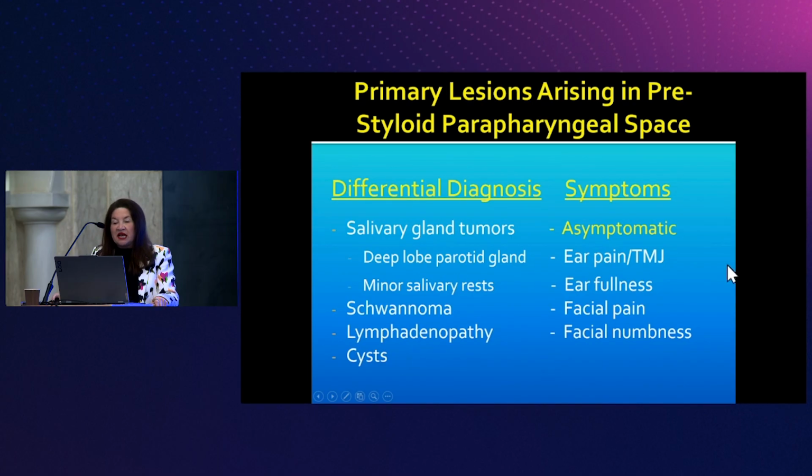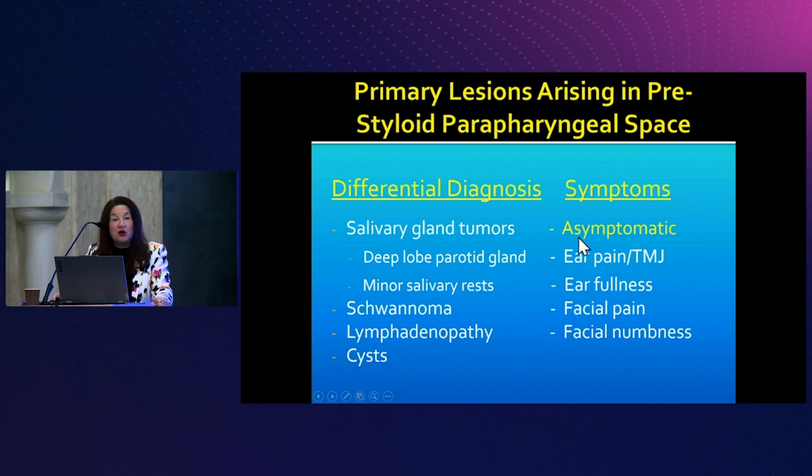retention cysts. Now, the important thing about pathology arising in the prestyloid peripharyngeal space is that the vast majority of these are asymptomatic. They're lesions that are detected on brain MRIs and cervical spine MRIs and neck CTs that are being performed for completely different reasons, a headache, dizziness, and then we find these masses at the skull base.